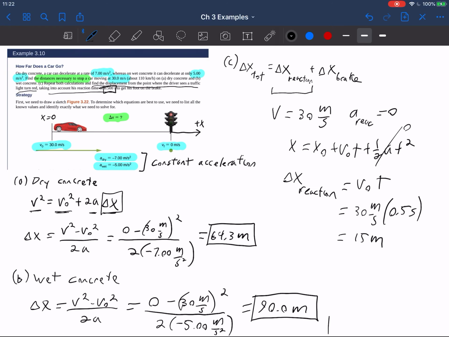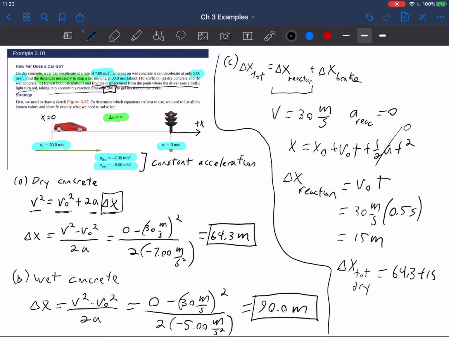Okay, so our final answer to C is that on dry pavement, delta x total dry is going to be 64.3 plus 15 meters, or 79.3 meters. So that's that.